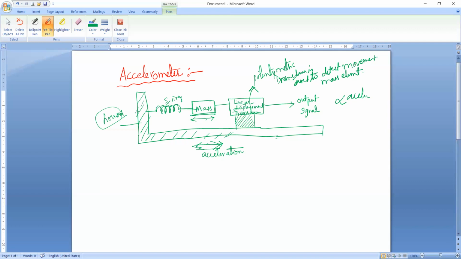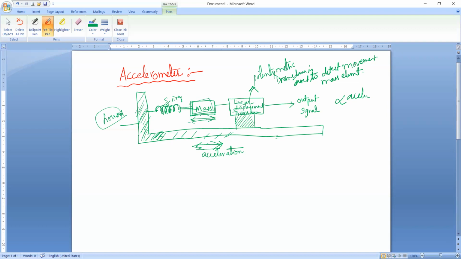Whenever the housing frame moves, whose acceleration has to be determined, the acceleration under test is transferred to the spring, and the spring is attached to the mass, and the mass moves. So when acceleration is imparted by a system, the housing frame moves, and the mass moves relative to the frame.